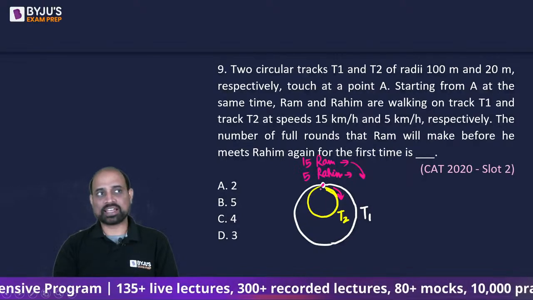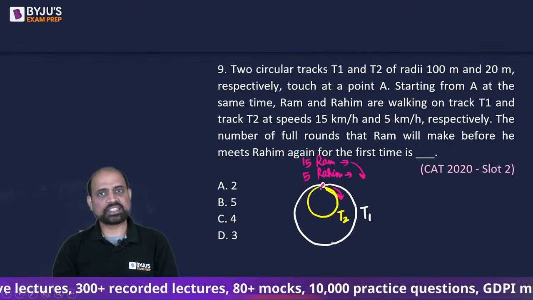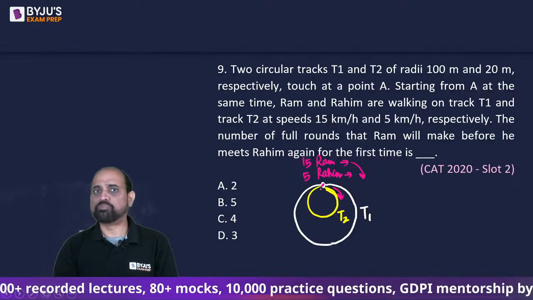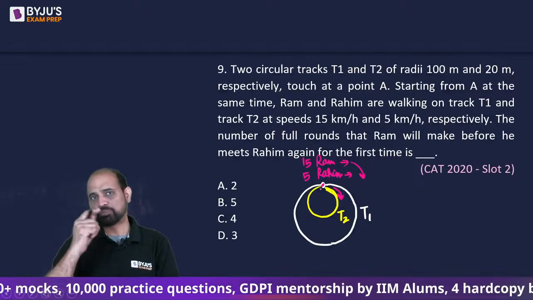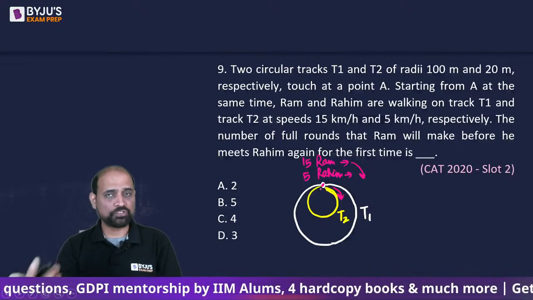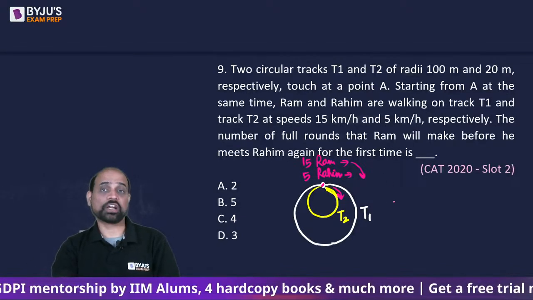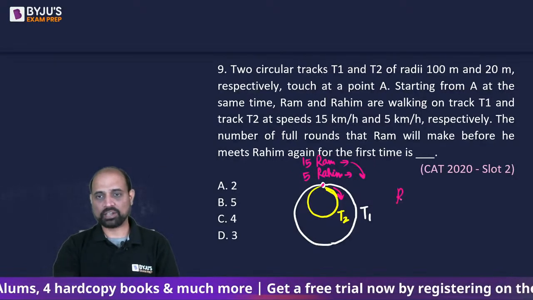So, this can be solved in a lot of different ways. It's easier if we make both of them run on the same track. ठीक है, या तो राम को रहीम के ट्रैक पे दौड़ा लो या रहीम को राम के ट्रैक पे. So I'll prefer if Rahim moves over to the track of Ram because that's a larger value and it's easier to comprehend values there.